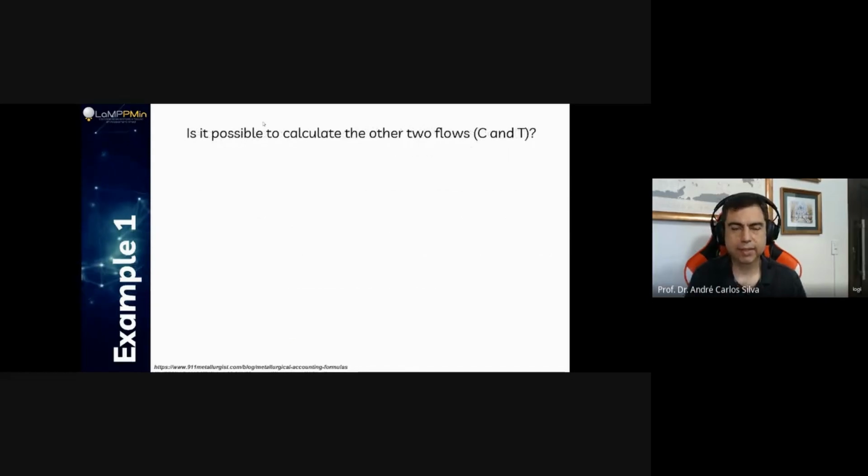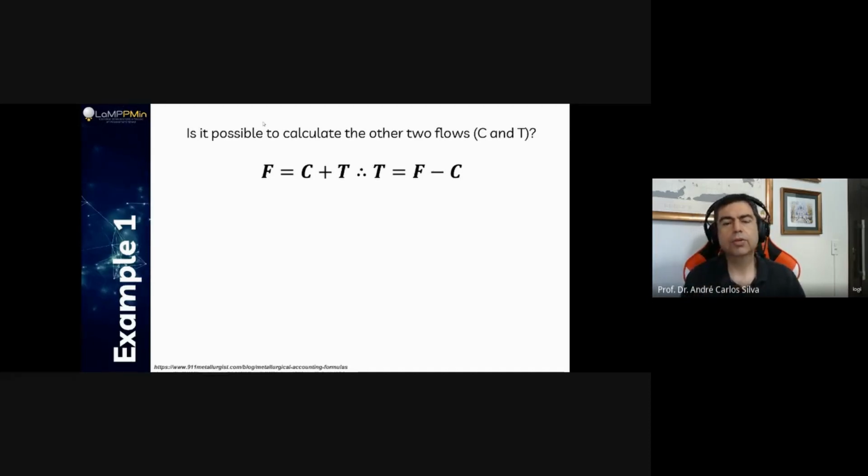It's a direct relation. So another thing is, would it be possible to evaluate the other two flows, because I know how much material I'm feeding in my mineral processing plant: 15,000 tons per day. Okay, and how about the concentrate and the tailings? How can I split that mass? I can also use the same equation and the first one to evaluate this. Because if I rearrange the terms of the first equation, I know that the tailings is going to be what?